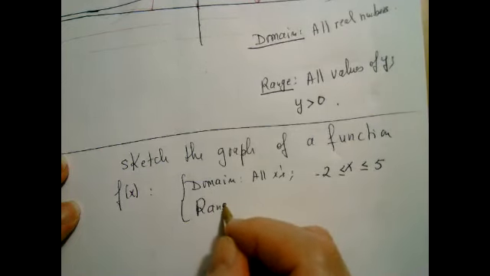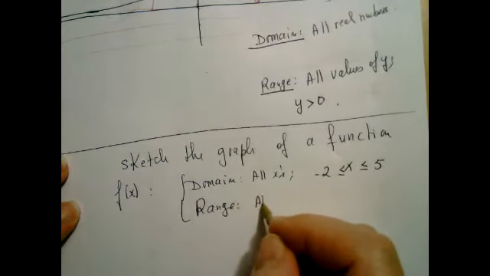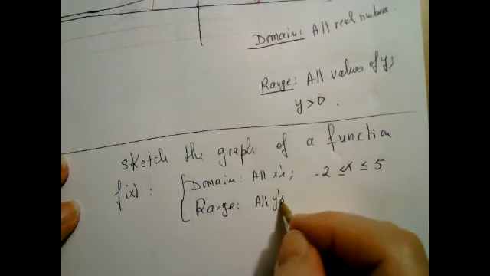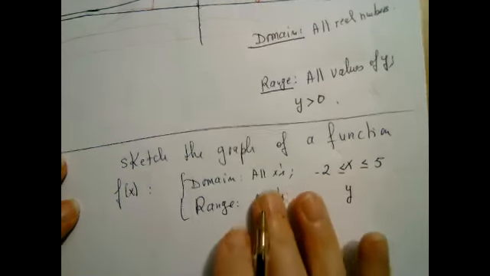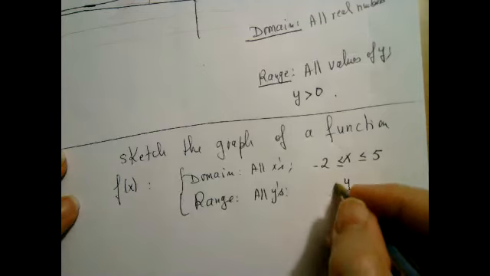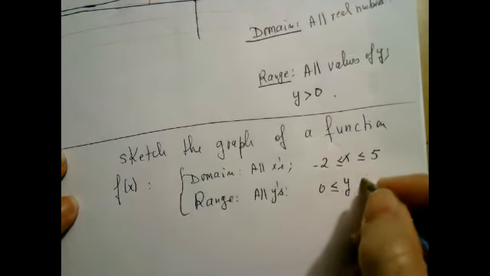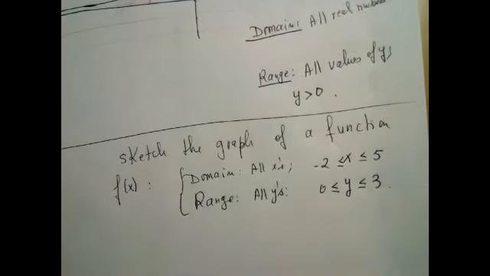And the range is all the values of y such that y is between 0 and 3, 0 included, 3 included. Okay?